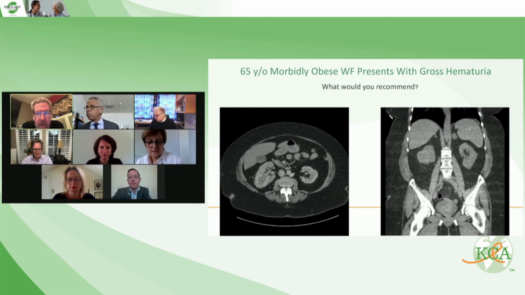Okay, I tried to show you the salient features. From my perspective, I don't think this is amenable to partial nephrectomy based on how centrally it goes into the kidney. So no, I agree. Let's just agree we would do a radical nephrectomy.